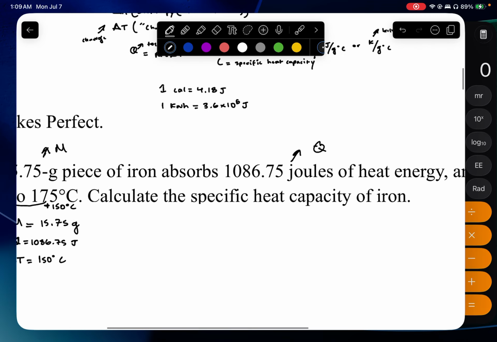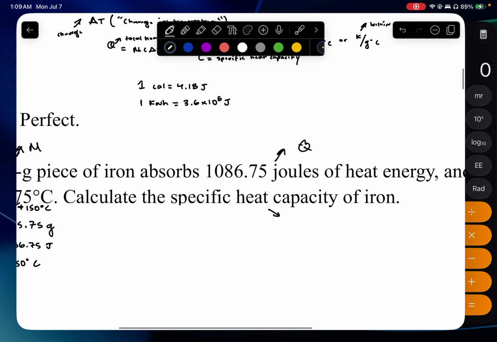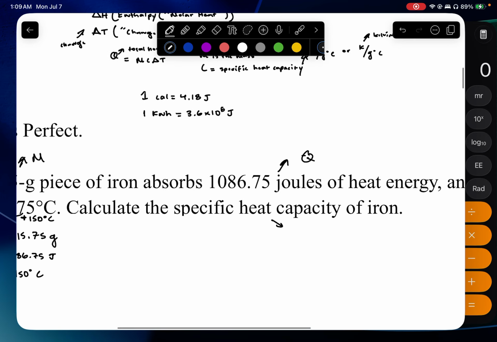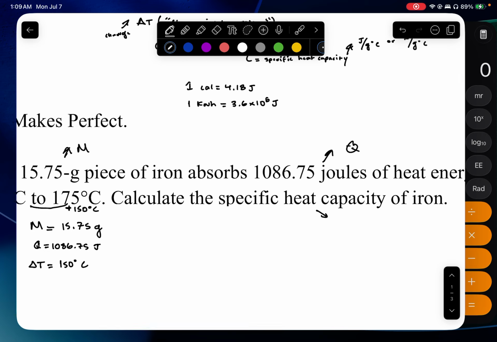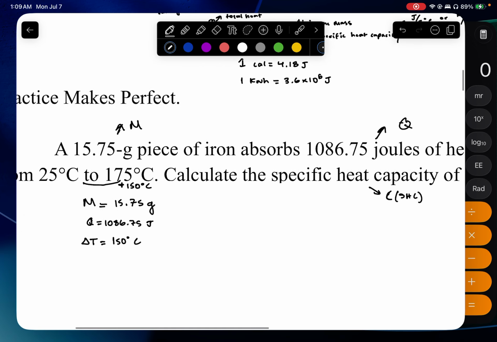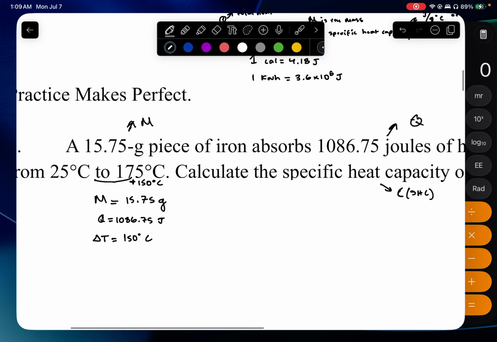Now, we're wanting to find specific heat capacity, which is denoted as C, sorry. So, if we're wanting to find C in the equation Q is equal to MCΔT, then we bring all of the known units to one side, while we have C on the other.